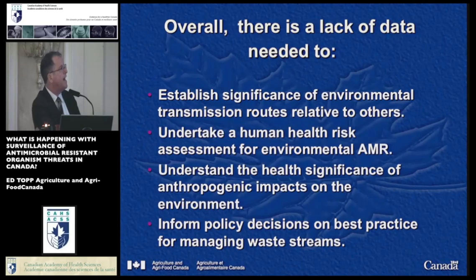So overall, there's a lack of surveillance data that would be very useful or needed to establish the significance of environmental transmission routes relative to other routes like foodborne transmission, undertake a human health risk assessment for environmental AMR, understand the health significance of the anthropogenic impacts that I've mentioned, and use this information to inform policy decisions on best practice for managing waste streams and the relative value of investments relative to other steps that one might want to take to protect people from AMR bacteria.